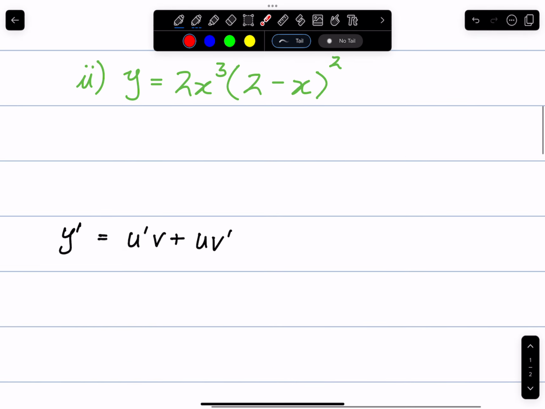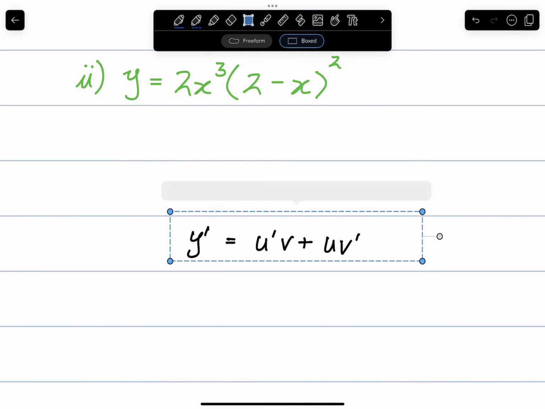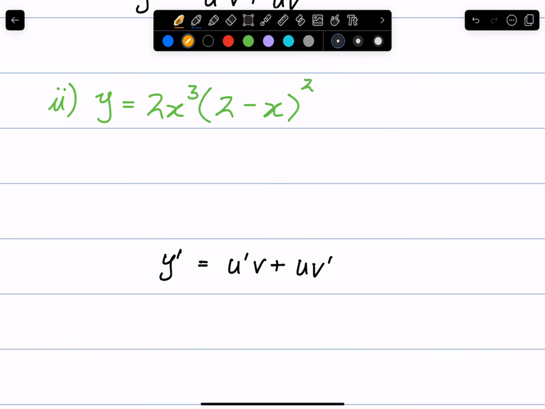Okay, so here we go. Let's do it again. Again, we just recognize u and u prime first. Easily enough, u is 2x cubed, and its derivative is going to be 6x squared. v is 2 minus x all squared.